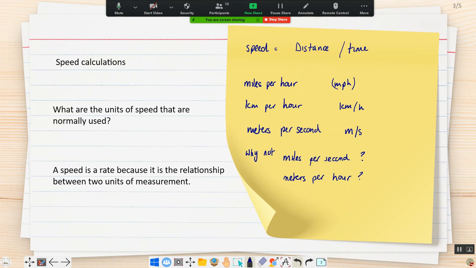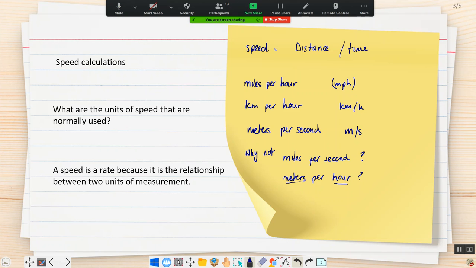Even cars will do a number of miles in an hour. They don't do lots of miles in a second. And the same thing, when we have meters per hour, that would be probably a huge, big number. If I was in a car, I would do thousands of meters per hour. So it doesn't make sense to compare quite a small unit of distance with a big unit of time.